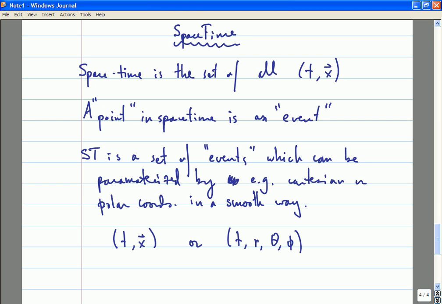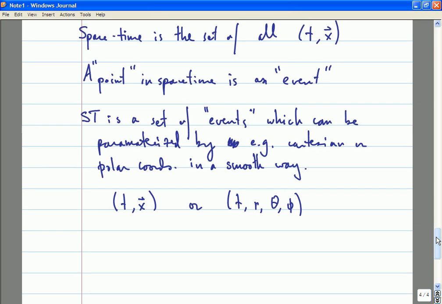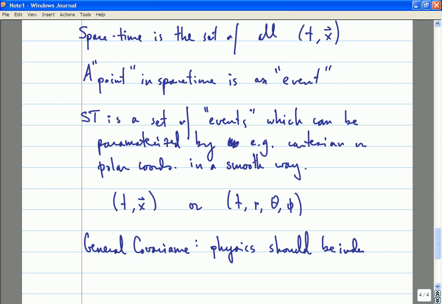And the basic principle, which underlies everything that we will discuss in this class, is what is known as the principle of general covariance. The principle of general covariance is simply the statement that physics should be independent of the choice of coordinate system that one uses to describe points in space-time.